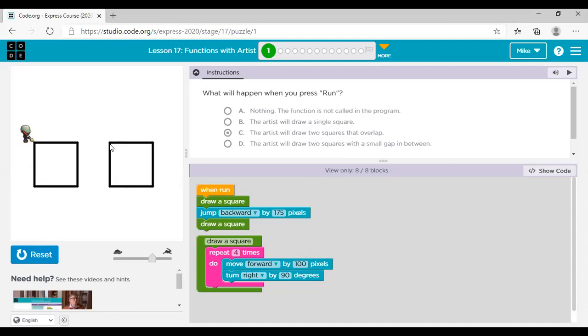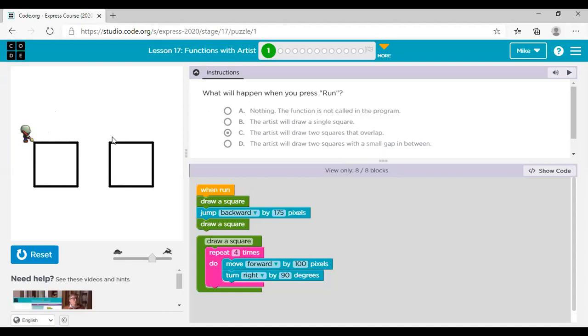So I'm jumping from here all the way to this spot over here. That is 175. And then I move forward 100. So what is the difference between this gap that I jumped and moved forward?